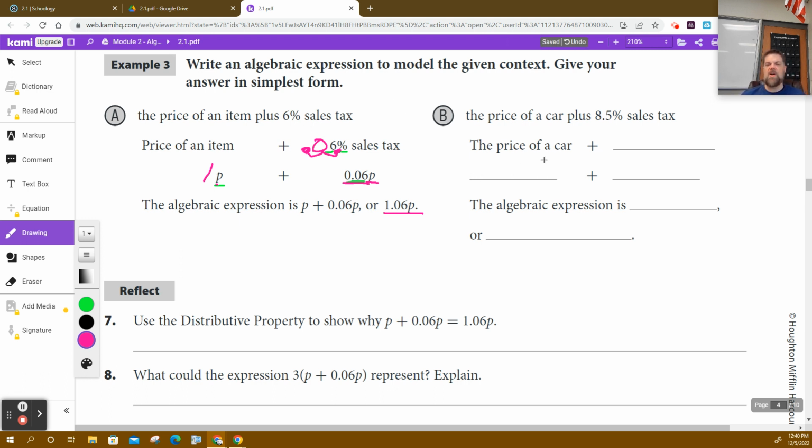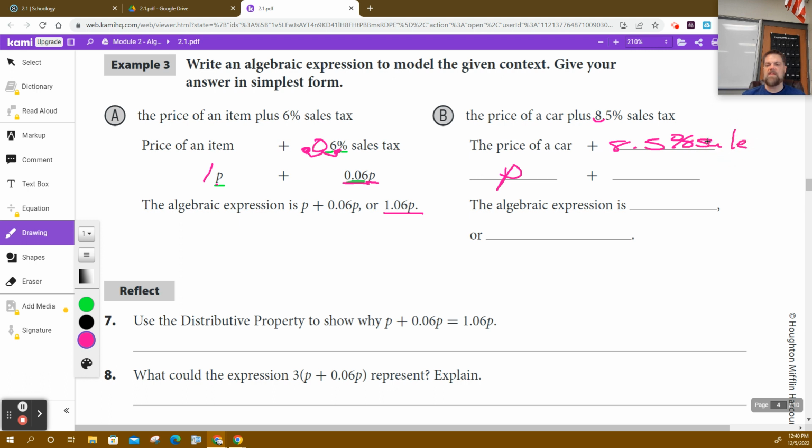B is the price of a car. Do we know the price of a car? No, so we're going to call it what? P. And this is a decimal, but it's a percent, so 8.5% is a decimal. Well, first of all, plus the 8.5% sales tax. That's how you figure this out.